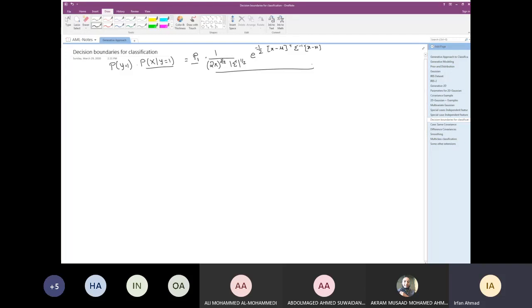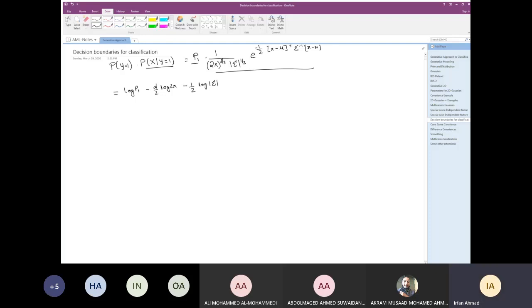So what if we work in the log domain? What happens now? In the log domain, we can write this as log of, let's assume now we are speaking about class 1, log of p1. And what happens to 1 over (2 pi) to the d by 2? Can we write it like this, minus d by 2 log 2 pi? Is this right? And similarly, the square root of the determinant, we can write as minus half log of the determinant.